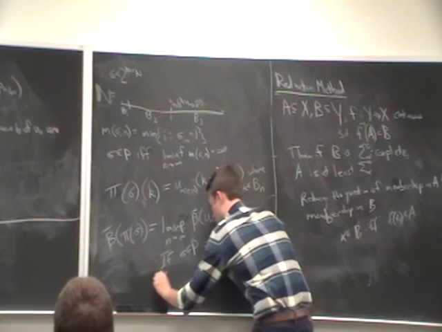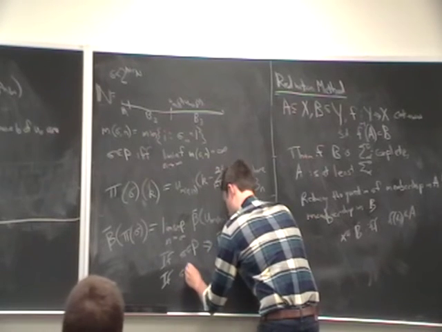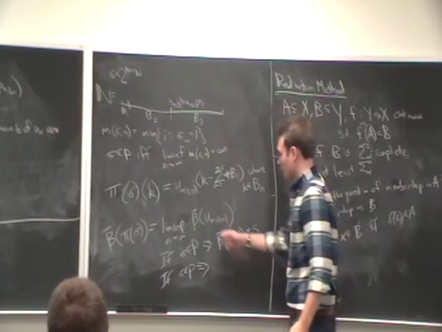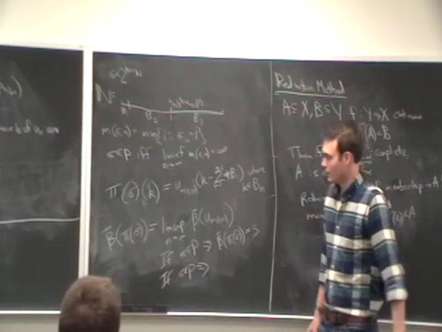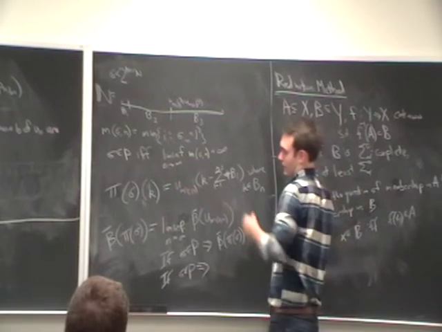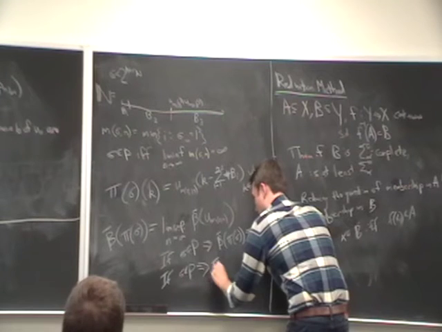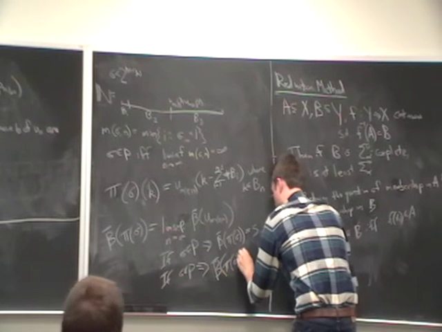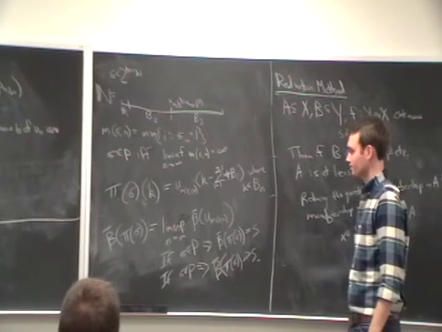On the other hand, if sigma is not in P, then infinitely often this m of sigma, n is going to take on the same finite value, and so we're going to have some noise that is strictly greater than s. And so we're going to have that the upper beta of pi of sigma is strictly greater than s.